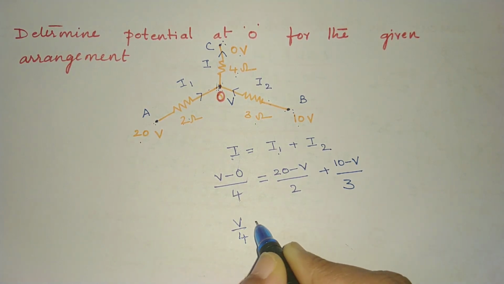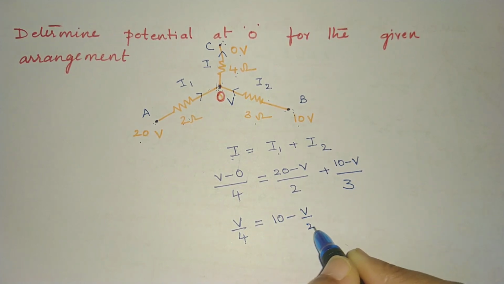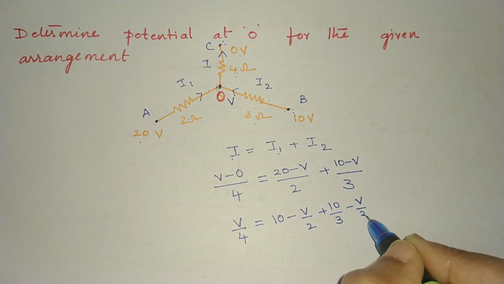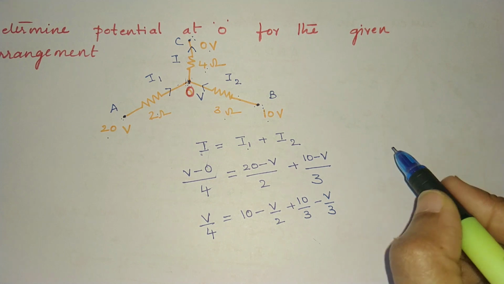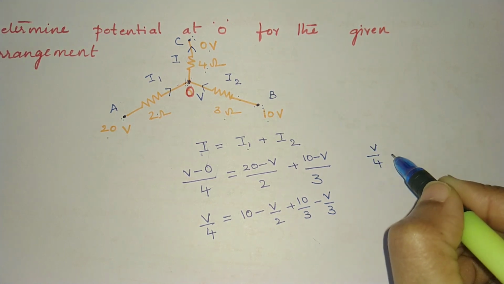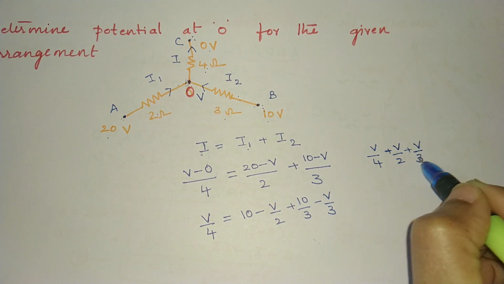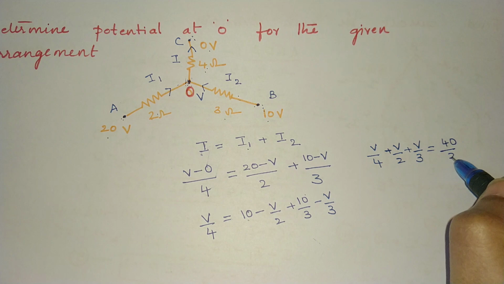V by 4 is equal to 20 by 2, which is 10, minus V by 2, plus 10 by 3 minus V by 3. Bring all V terms together. V by 4 plus V by 2 plus V by 3 should be 10 plus 10 by 3, that is 40 by 3.